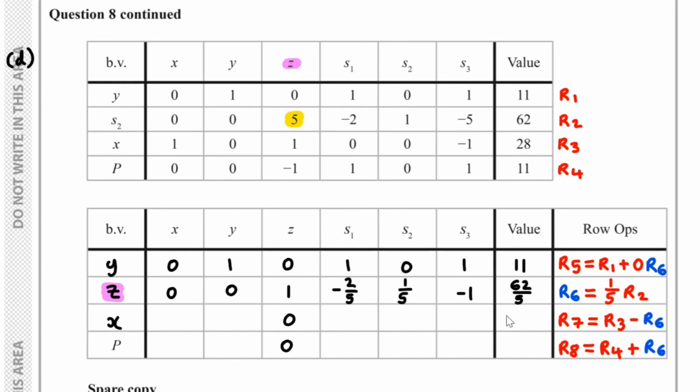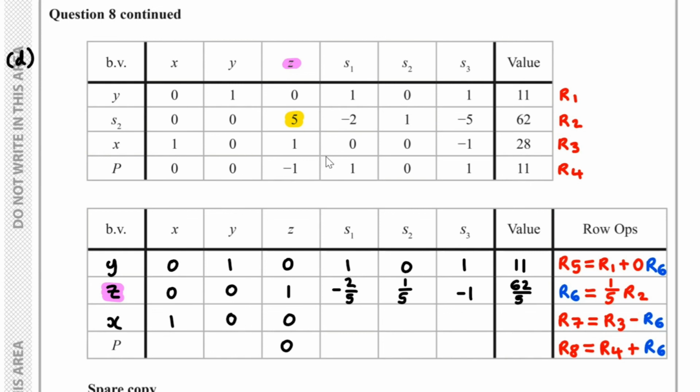Now, I take row 3 and then I subtract row 6. So, I've got 1 take away 0, which is 1. Then I've got 0 take away 0.